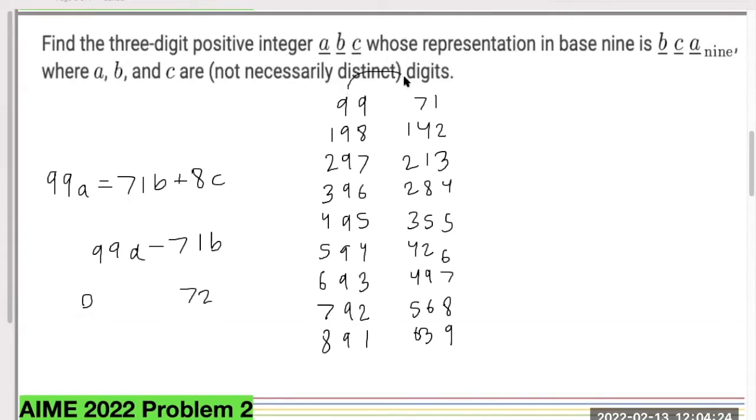So for example, 99 and 71, this difference would work, but it's not a multiple of 8. So it can help to write down the mod: we can take these all in mod 8 and see what we get, because we can only pair together numbers that are the same in mod 8. So if we write these in mod 8, 99 is 3 in mod 8. So it goes 3, 6, 1.